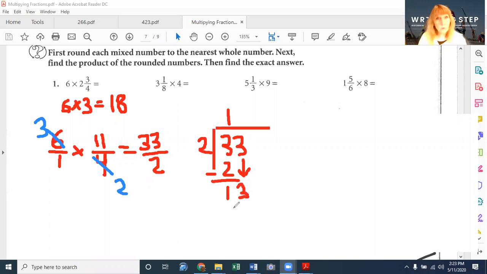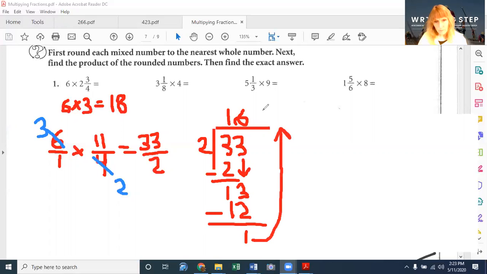How many 2's go into 13? 6. 2 times 6 is 12. 13 minus 12 is 1. That's our remainder. That comes up to the top, becomes the numerator of our fraction. The denominator stays a 2. So the answer to that problem is 16 1/2. So we were close with 18.